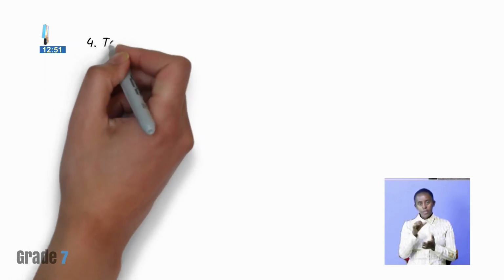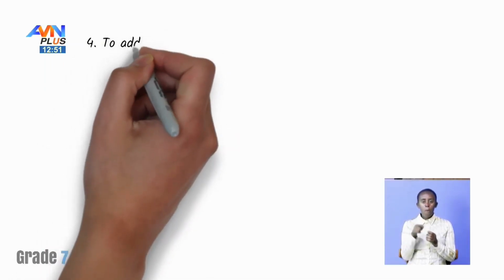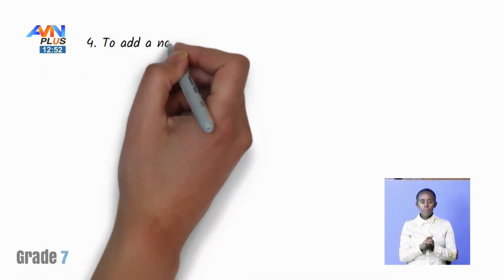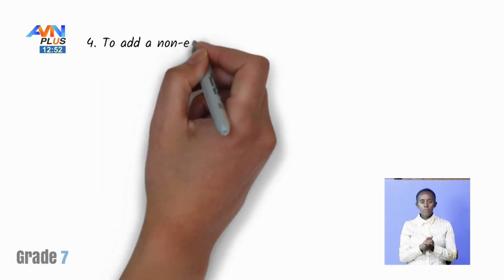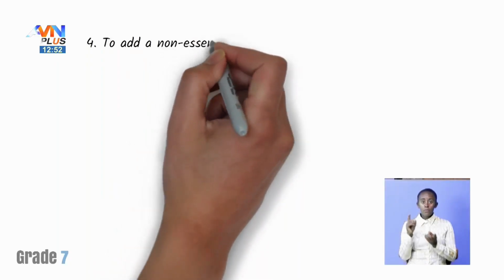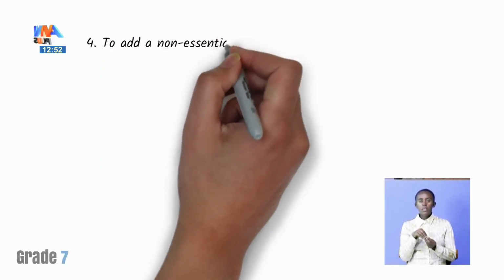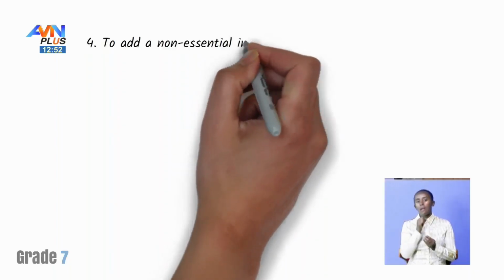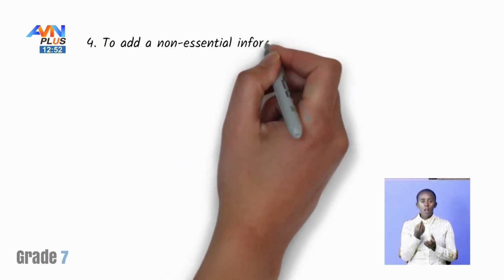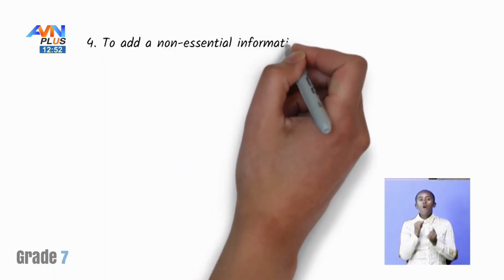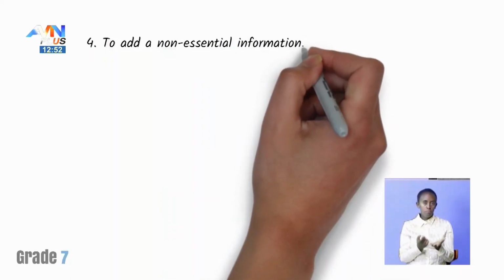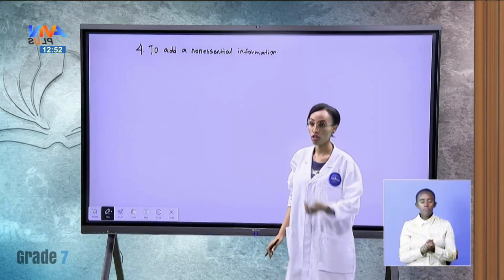Number 4, the other use of a comma is to add a non-essential information. To add a non-essential information.